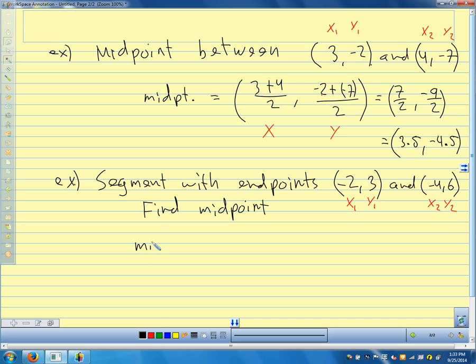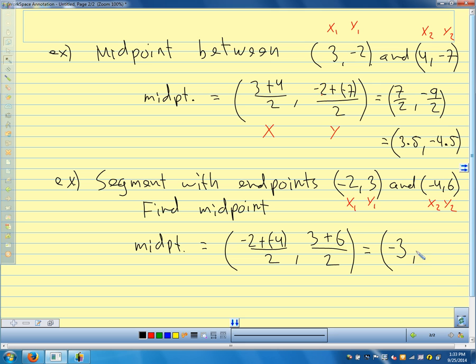So I'm going to say the midpoint, x1 plus x2, divided by 2, and y1 plus y2 divided by 2. And then I'm just going to simplify this. Negative 2 plus negative 4 is negative 6. Divided by 2 is negative 3.